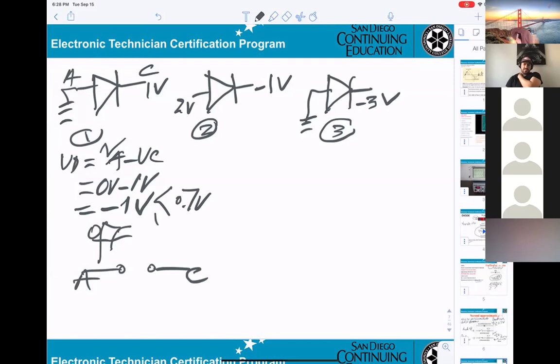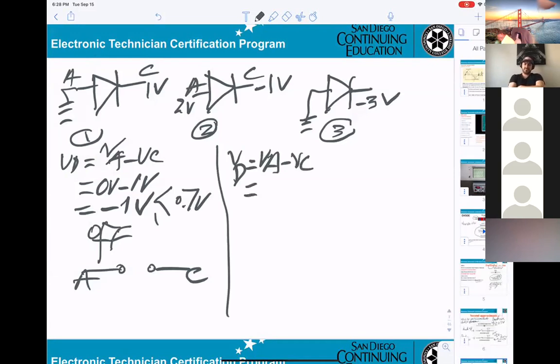Okay, second one. On or off? On. Okay, now I do the calculation. A here, C here. VD equals VA minus VC. Okay, 2 volt minus 1 volt, equals 1 volt. So the diode will be on.